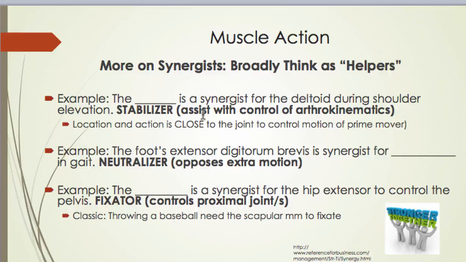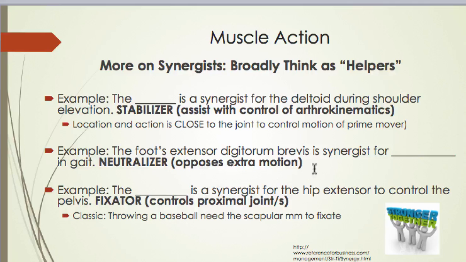A neutralizer opposes the extra motion of the prime mover. Okay? So if we think about hip extension, when we extend the hip, we use the gluteus maximus. What is the other motion that the gluteus maximus does? The gluteus maximus does hip external rotation.